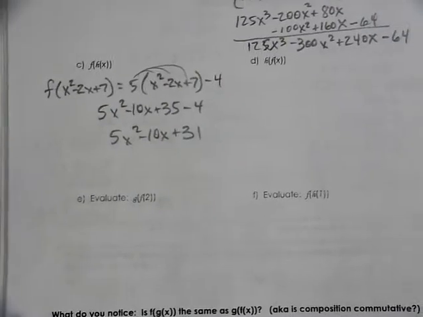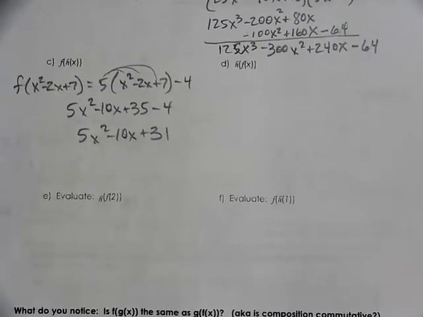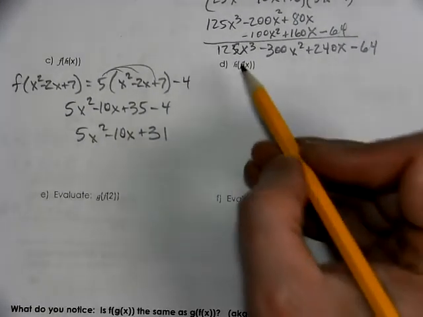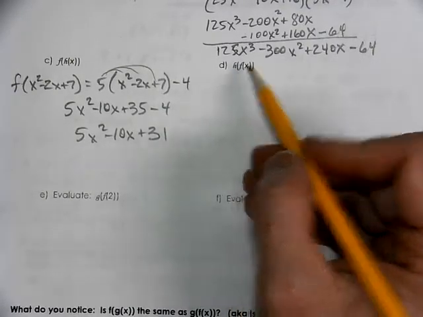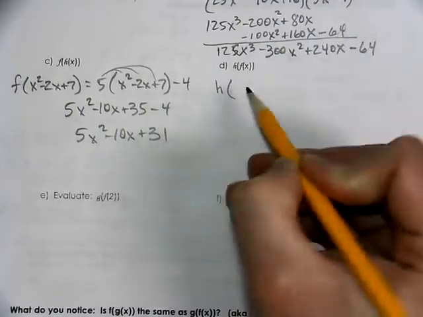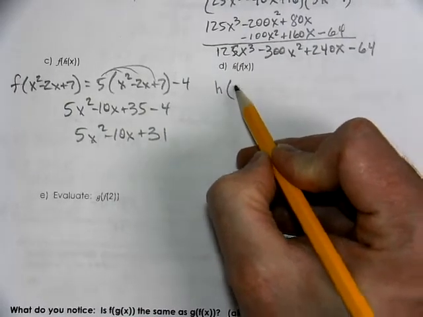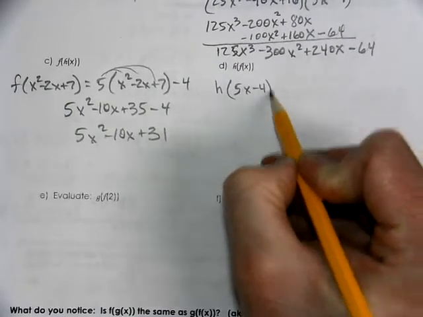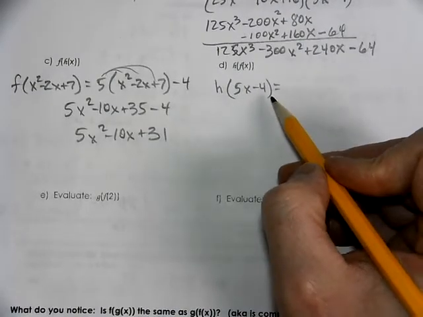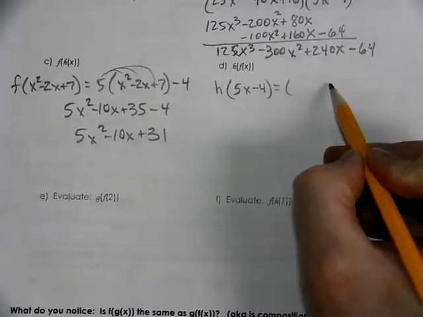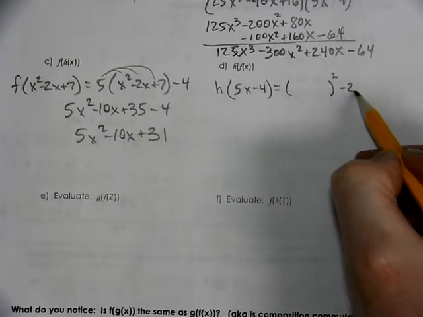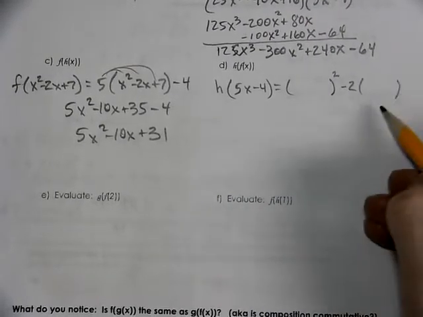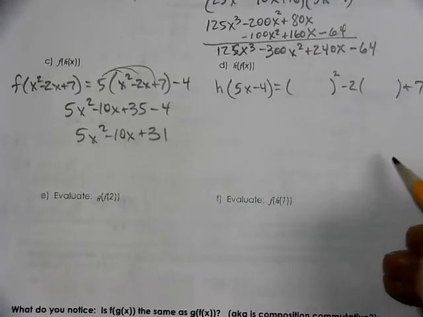Now to watch something different, this one is different. So pay close attention to what we're doing here. This is h of f of x. So this is taking your h function and plugging your f function in its place. Well, the h function is a term that's being squared minus 2 times that same term plus 7.